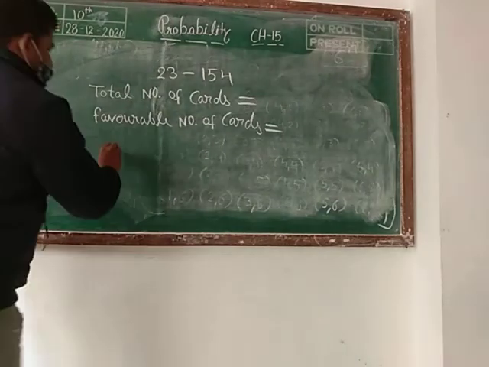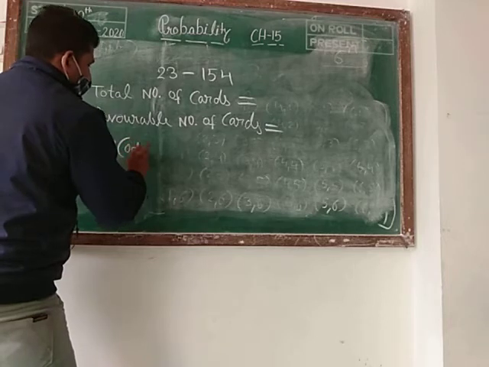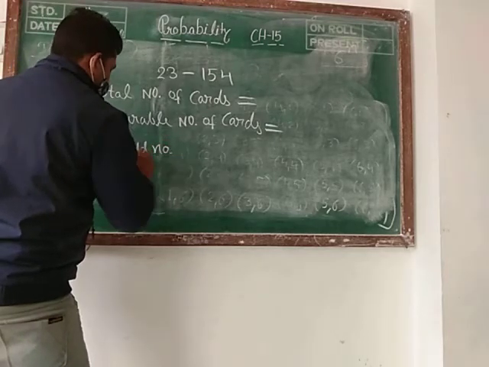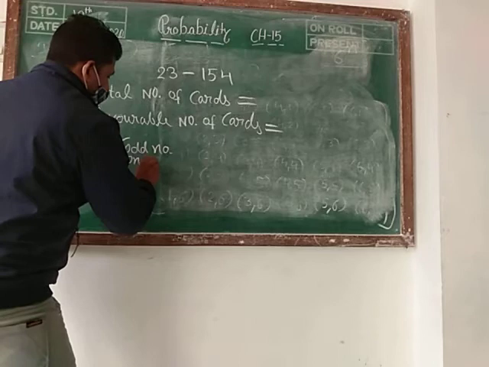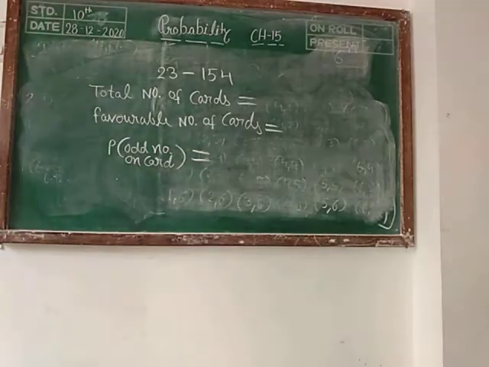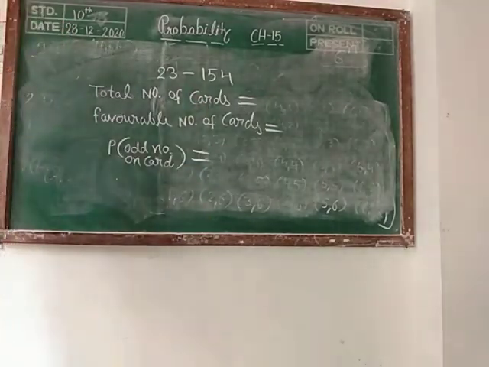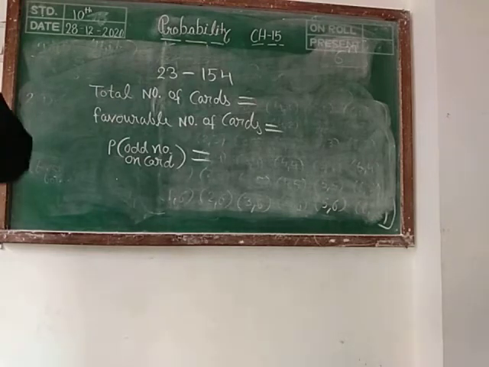And then we are able to find the probability. Yes, so tell me the total number of cards. 130? 131 total cards we are getting.